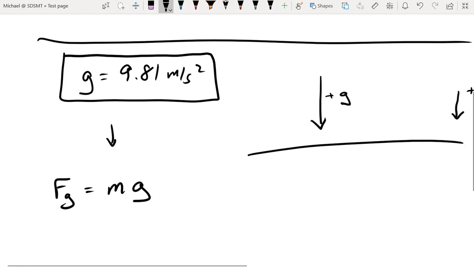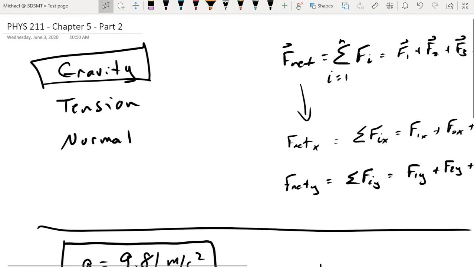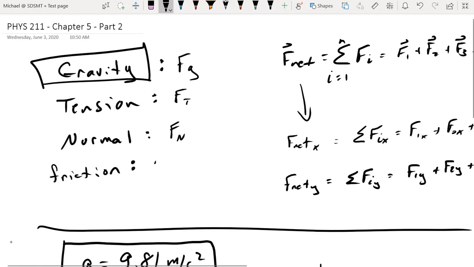So that information is going to carry forward into the idea of our gravity force. And there are different books that want to describe all the different forces that we're going to see. In addition to gravity, our tension force, our normal force. When we get to Chapter 6, there's going to be friction force. And so I've seen some notation where they will use subscripts of F sub whatever that force happens to be.